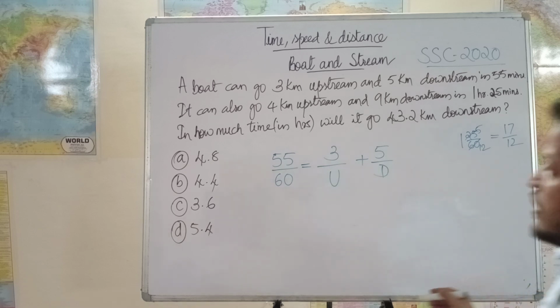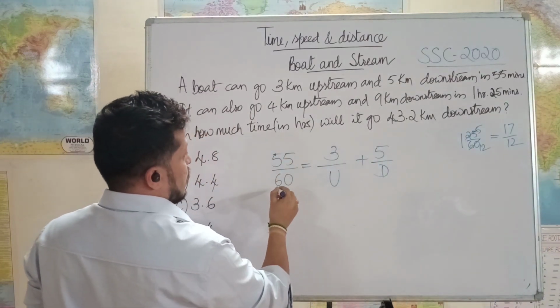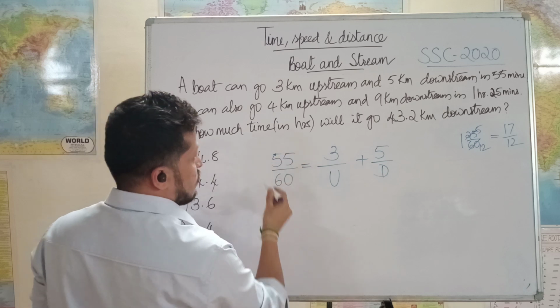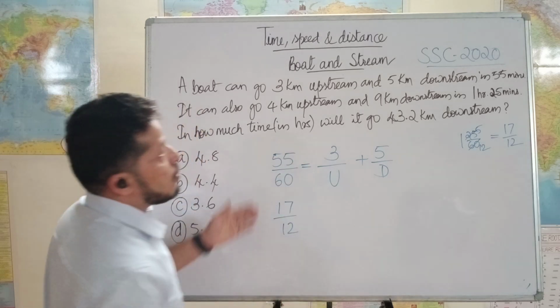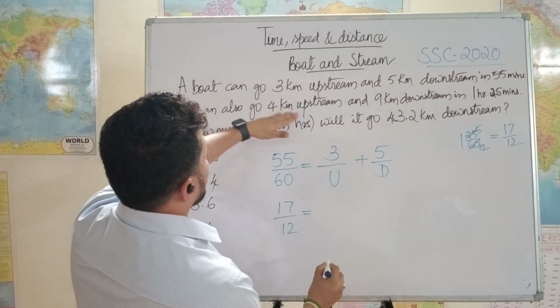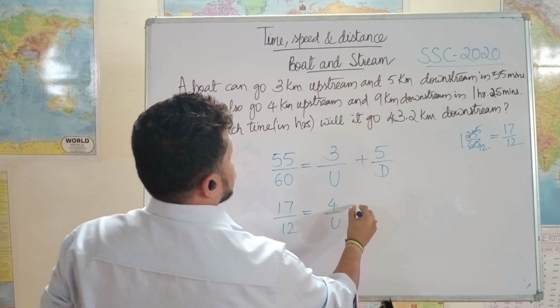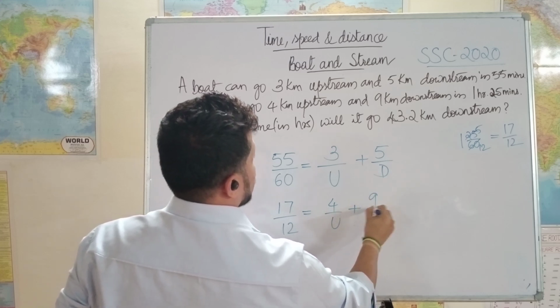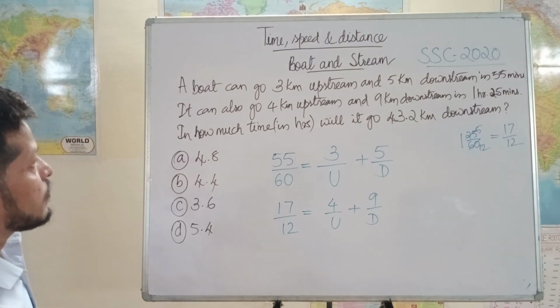Okay, write 17 by 12. Now 17 by 12 is 1 hour 25 minutes. That is equal to 4 kilometers upstream plus 9 kilometers downstream.